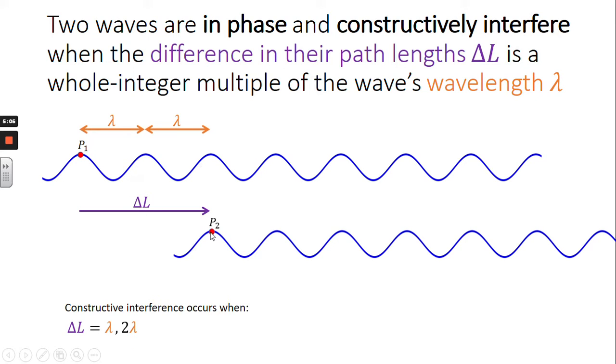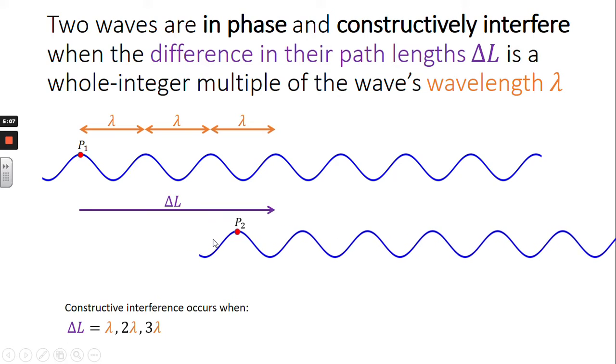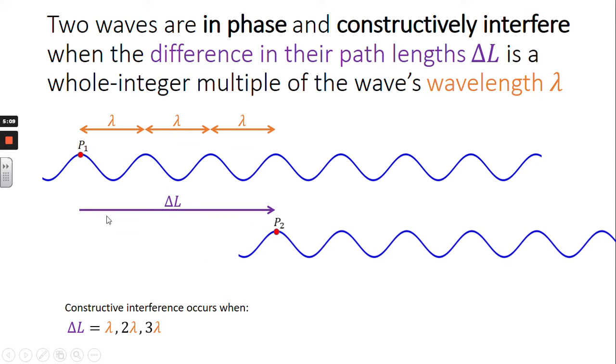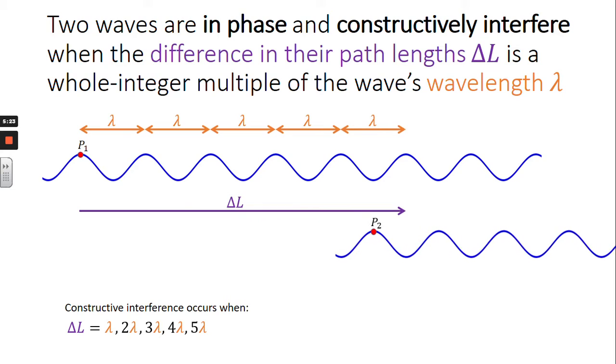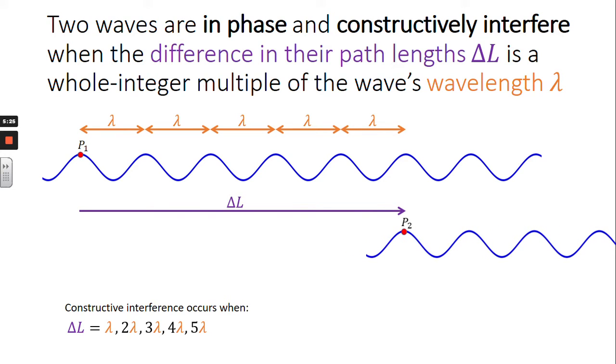If I slide over wave 2 again to a point where the path difference delta L is now 3 wavelengths, we're again at a point where constructive interference happens. If I slide it over to 4 wavelengths, the same thing happens. If I slide it over to 5 wavelengths, the same thing happens.